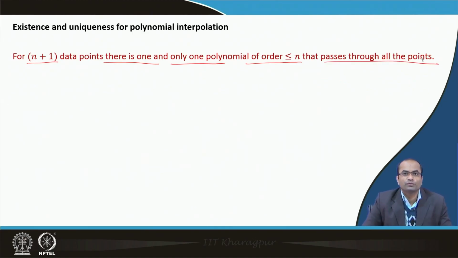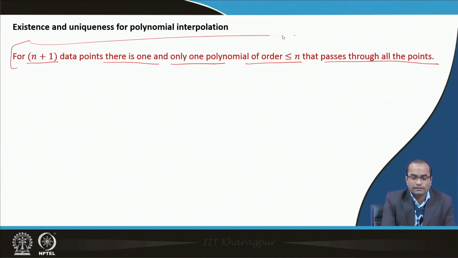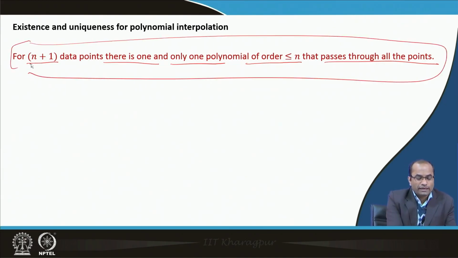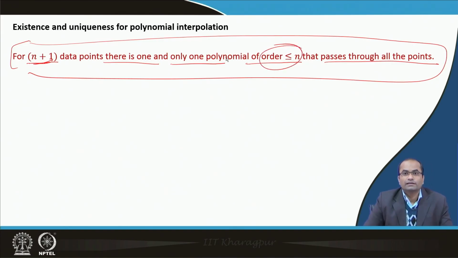That is what we are going to prove here in this result. So, that is the main result, that it exists and it is unique. So, when n plus 1 data points are given, there is only one and only one polynomial of degree less than or equal to n that passes through all the points.